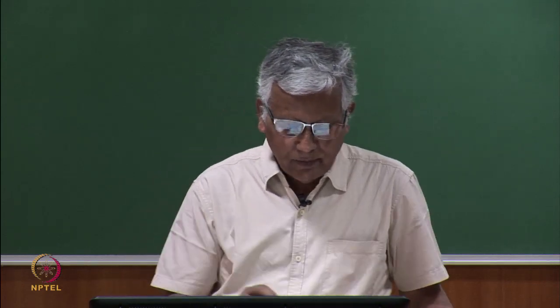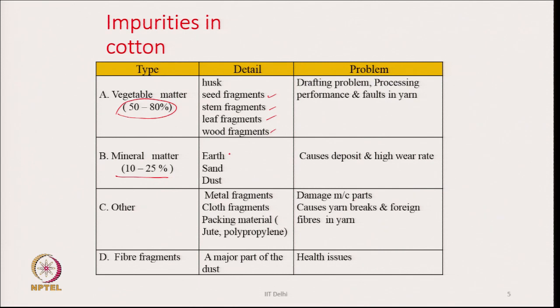The other thing is mineral matters, and mineral matters are earth, sand and dust. Their quantity is relatively less, around 10 to 25%, depending on the variety, the country of origin, and the area in which the cotton has been grown.